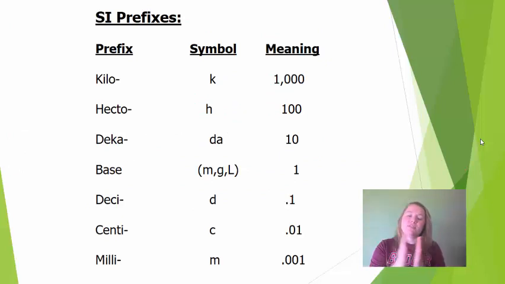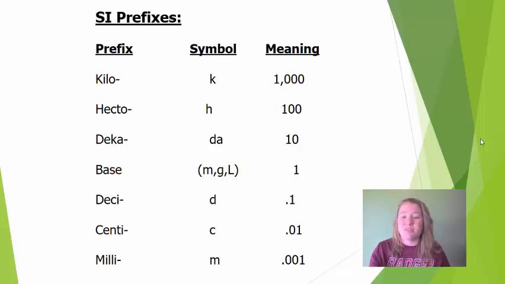So if you have a very small amount of liquid, like our 36.5 milliliters that we measured in that graduated cylinder, well, if I'm talking about the volume, using 36.5 milliliters sounds a whole lot better than 0.00365 liters.